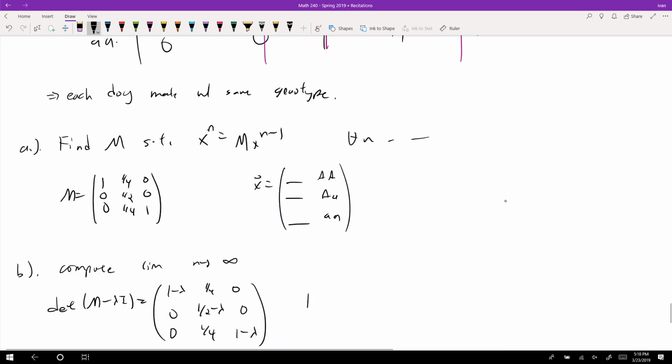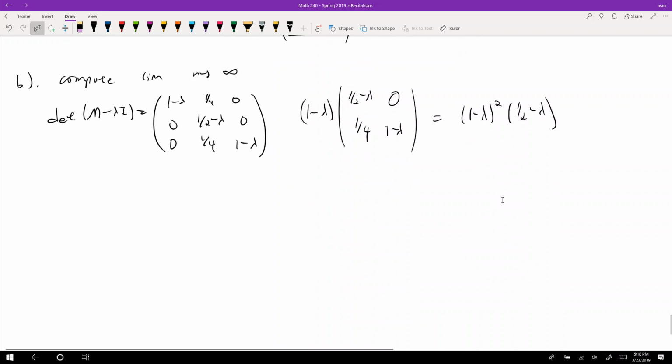You get 1 minus lambda times the remaining block, which is a diagonal matrix, so you just get (1 minus lambda) squared times (1/2 minus lambda). So lambda equals 1 with multiplicity 2, and lambda equals 1/2.